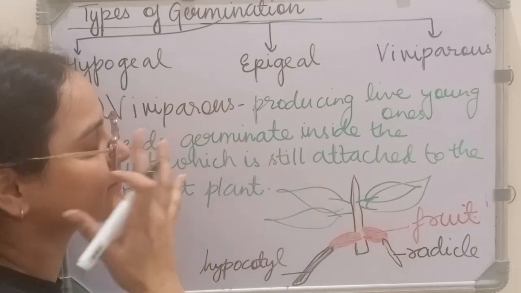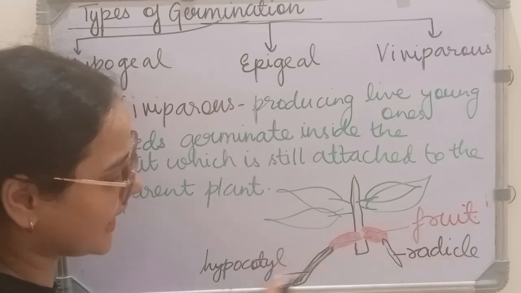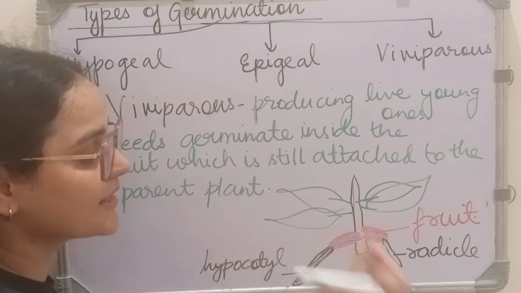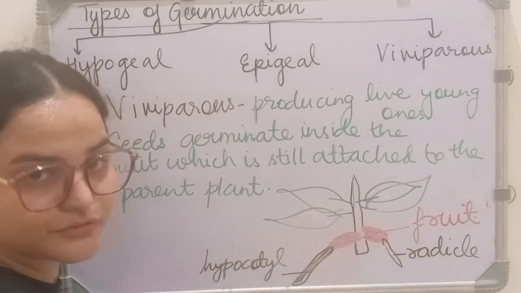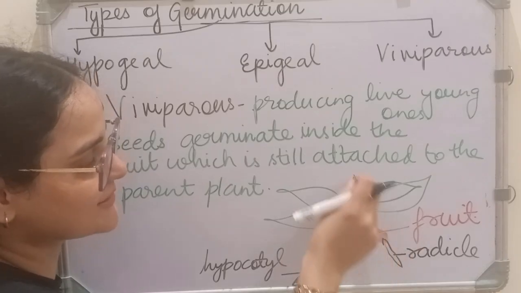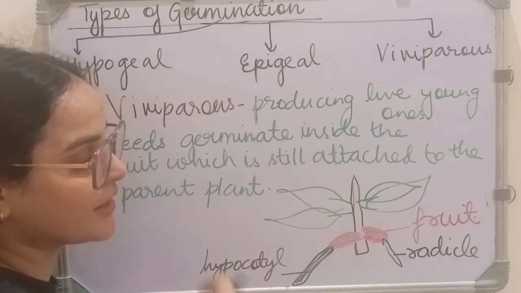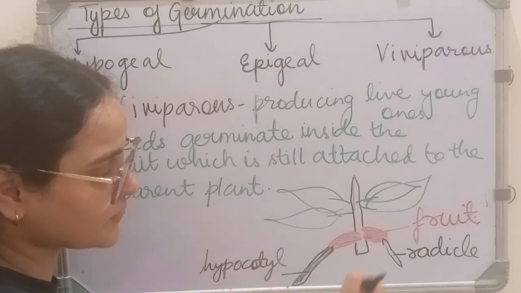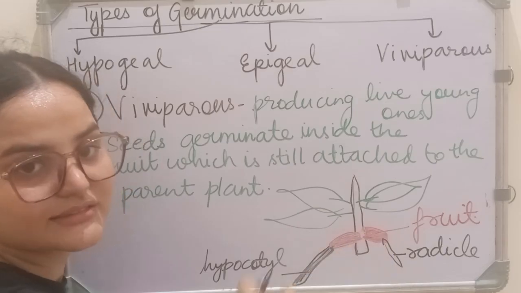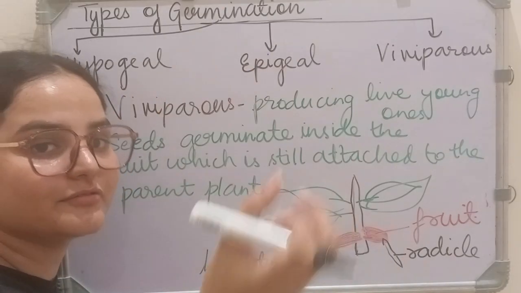We can see that this radicle and the hypocotyle are part of the embryo, and they are still attached to the fruit, they have not separated from it, and that fruit is still attached to the parent plant. This whole is the parent plant. Now you may later plant this separately in the soil, and from that a new plant will be formed.